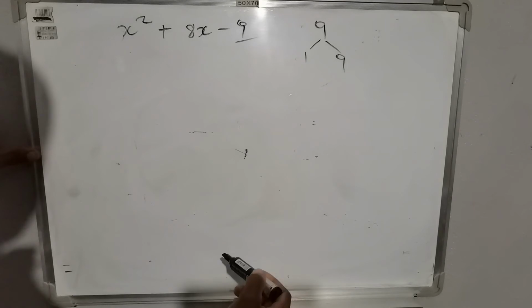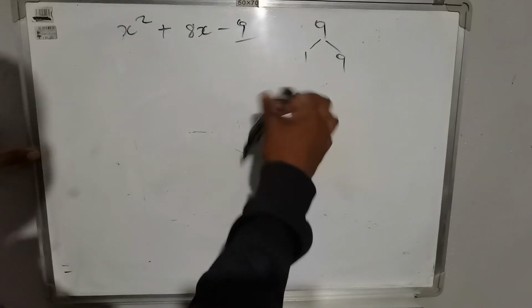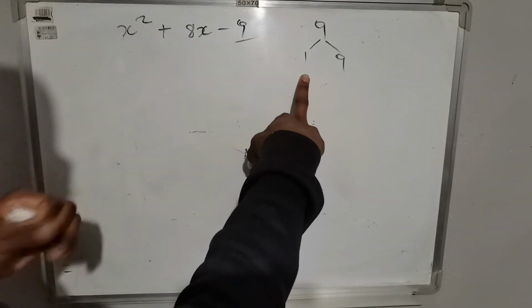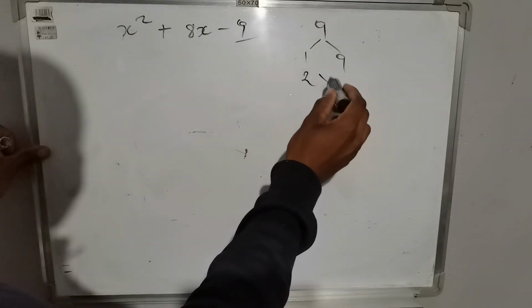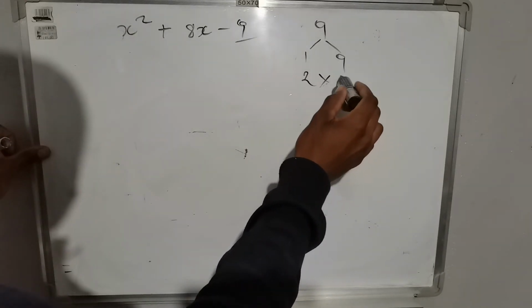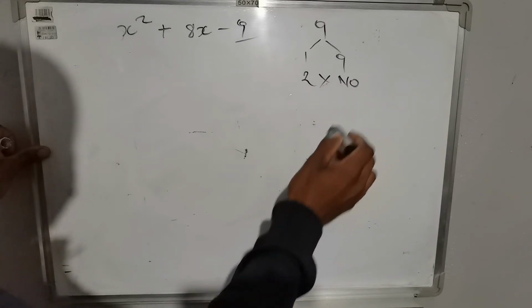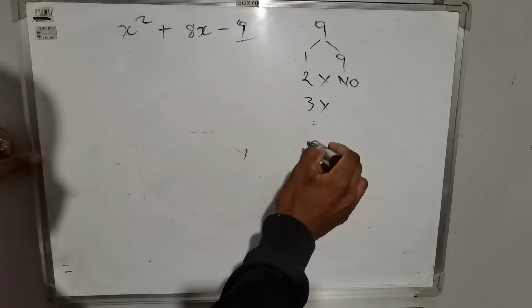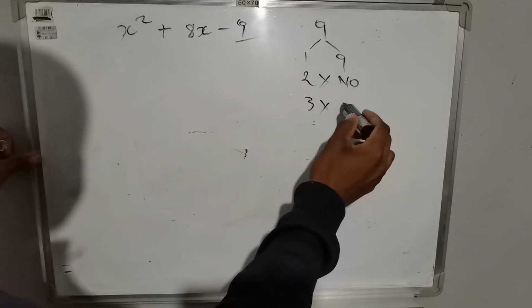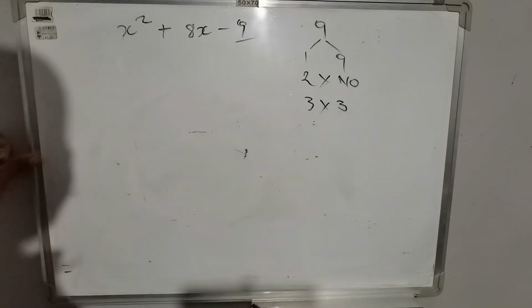1 times 9. Do we have any number that we can multiply by 2 and get 9? No. Do we have any number that we can multiply by 3 and get 9? Yes, that is 3.